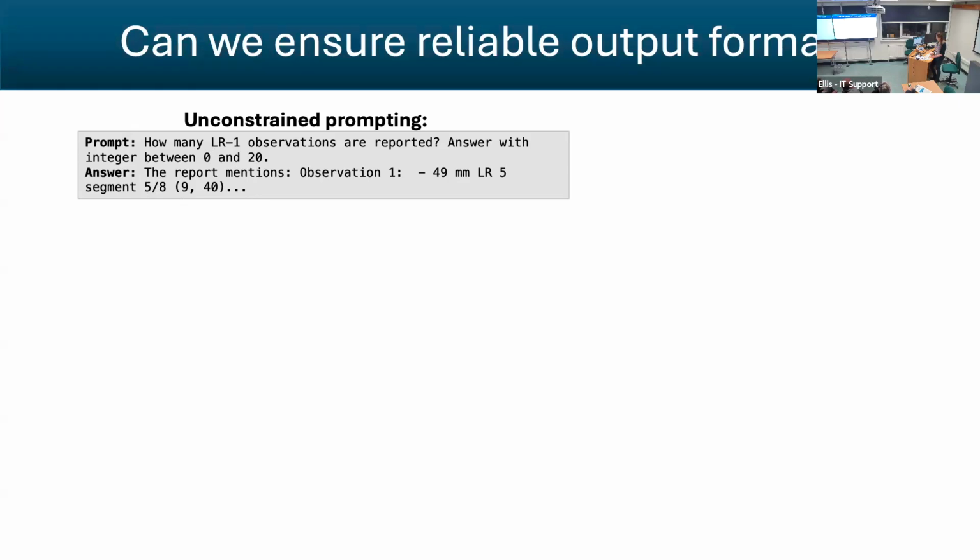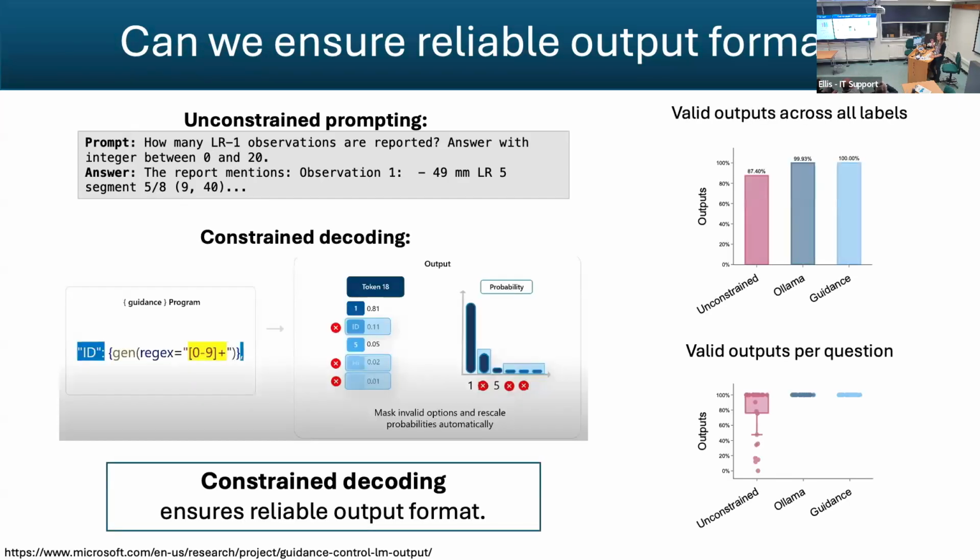So we found a solution to this, a technique called constrained decoding. This is a snippet of code, which is the way that you implement it. What I want you to pay attention to is this highlighted part, 0 to 9. This is us specifying that we want a digit between 0 and 9, or a combination of digits. And now what this program is going to do is look at the output tokens of the LLM.